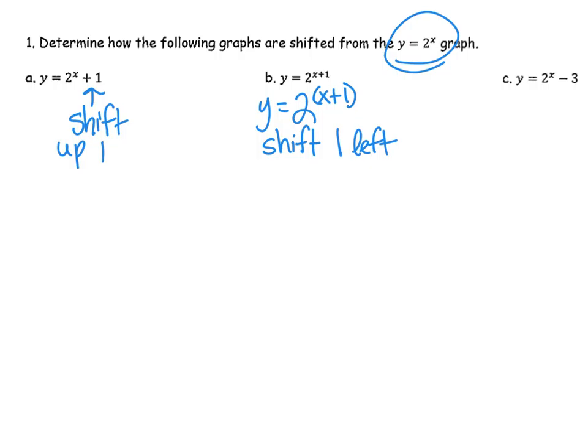Even though it's a +1, it goes left or right, so +1 goes 1 to the left. And then C, just the 3 is what we're looking at. It's going to shift down 3, because it's a -3. And k is the up and down.